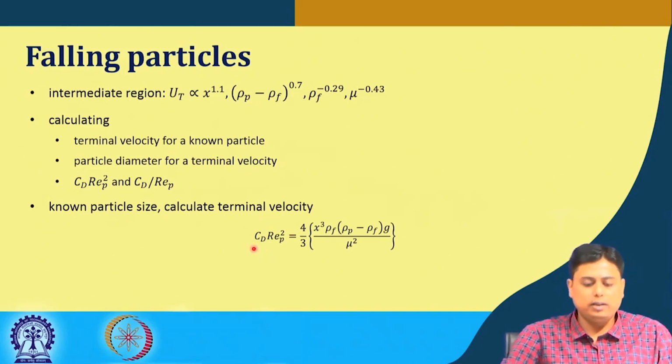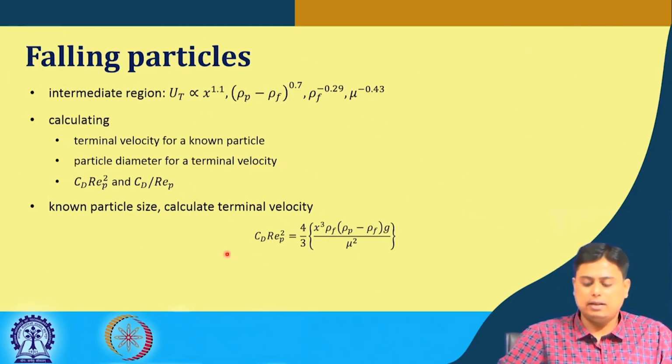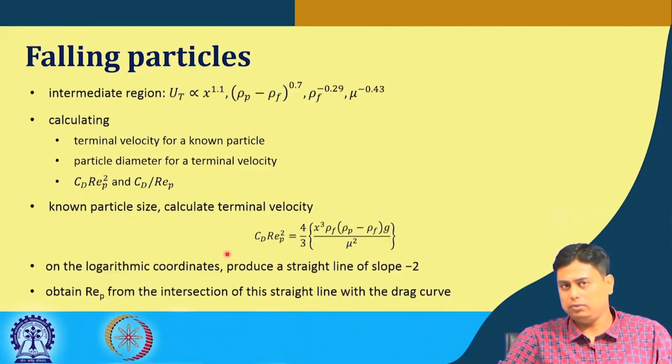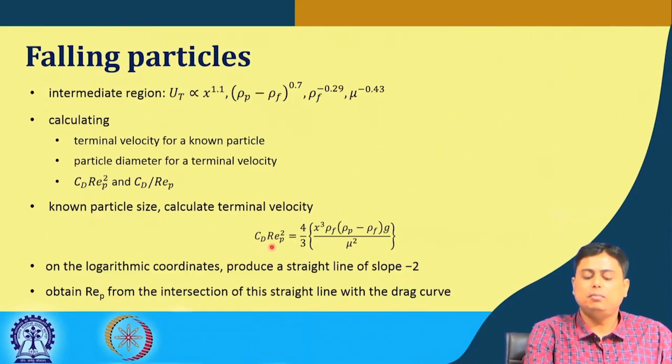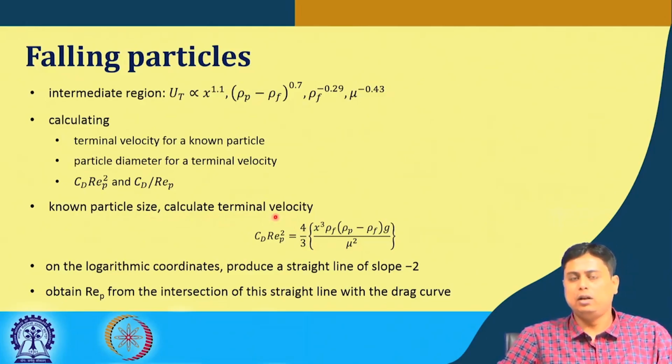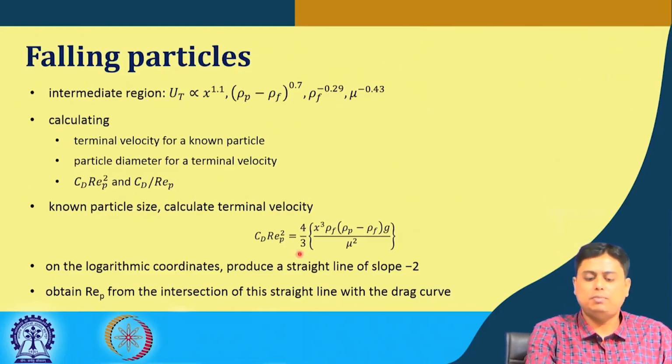Now, if you plot this parameter, CD versus REP square, in a log graph, what would it produce? It would produce a straight line of slope -2, because CD multiplied by REP square is basically constant for this problem. If particle size is given and all other physical properties are the same, this parameter is basically constant.